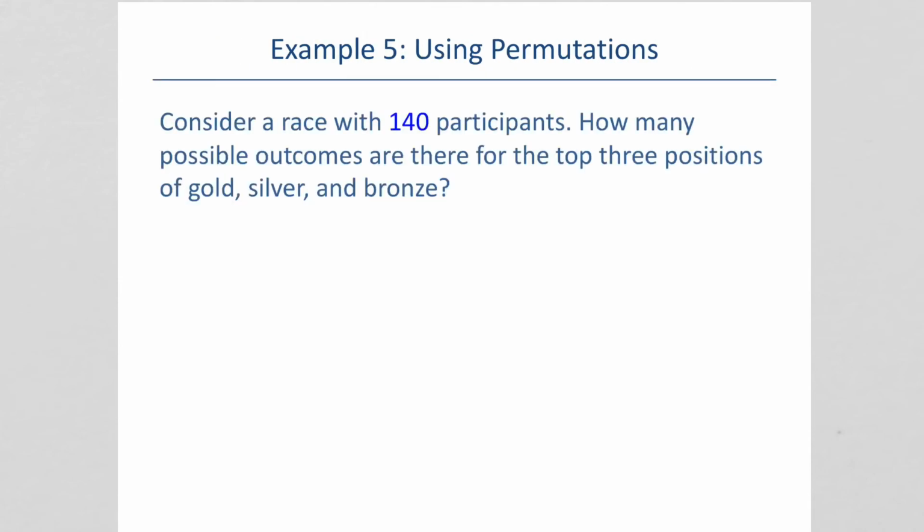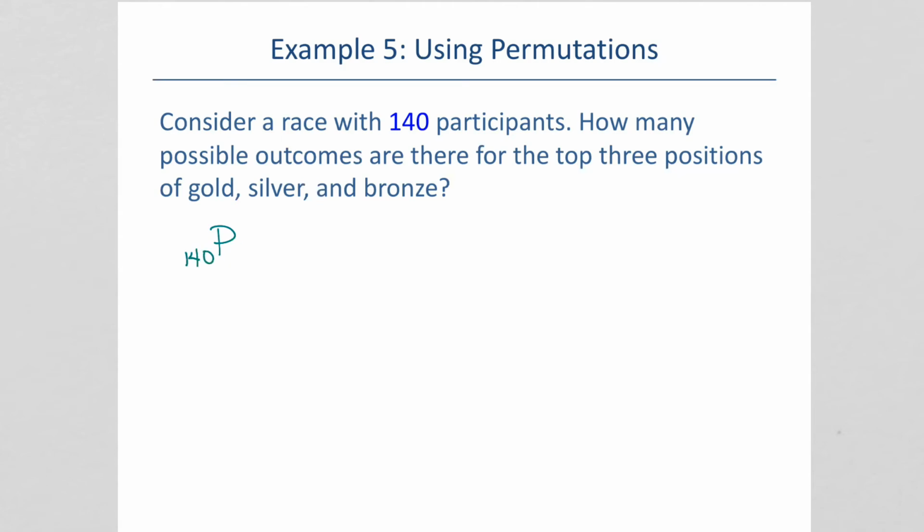Consider a race with 140 participants. How many possible outcomes are there for the top 3 positions of gold, silver, and bronze? Now, this time, with gold, silver, and bronze, there's an order there. So order matters. We have to use a permutation.